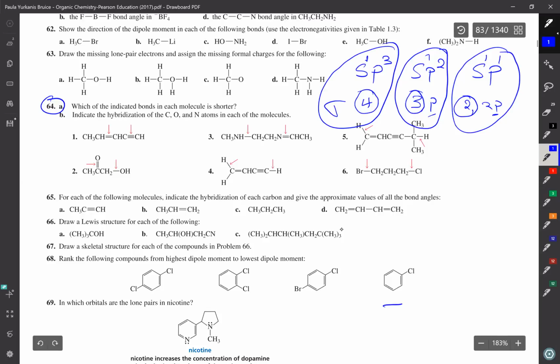A triple bond is made up of one sigma bond and two pi bonds.